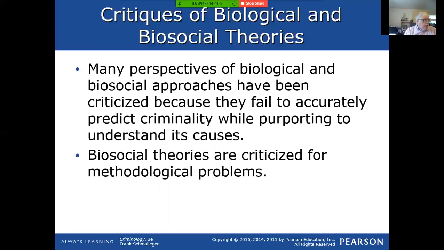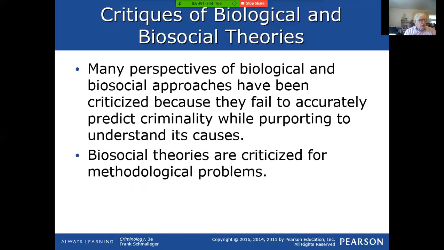These theories are also criticized because sometimes there are issues with the studies, methodological problems. I actually just read an article, in today's Washington Post, about a doctor who for the last 25 years has been doing studies on the brain and speech. Now, it has little to do with criminology, but it talks about this methodological issue.